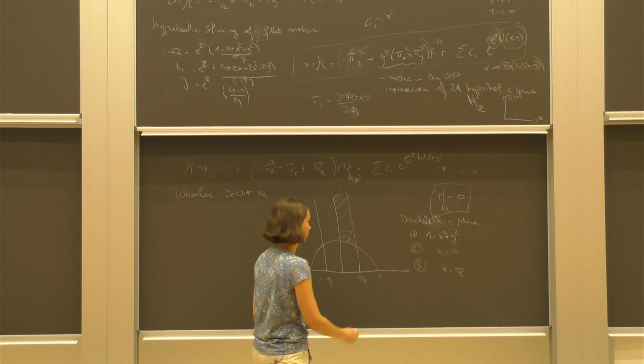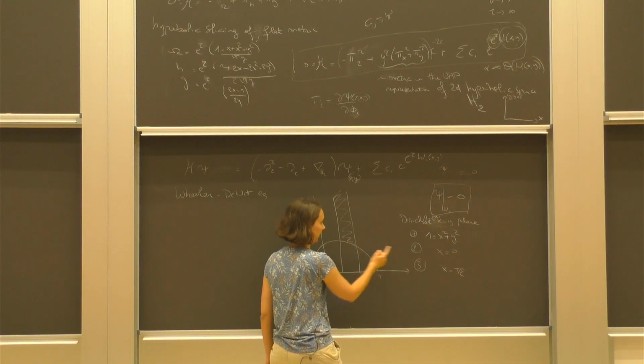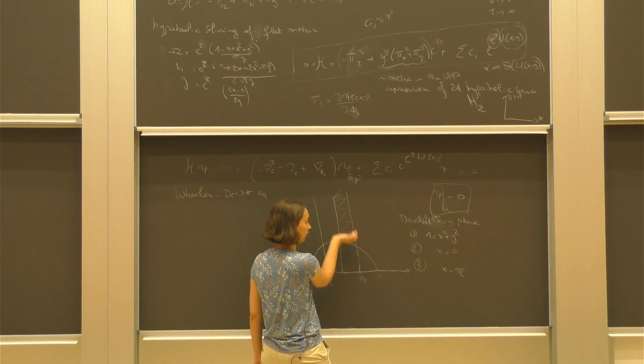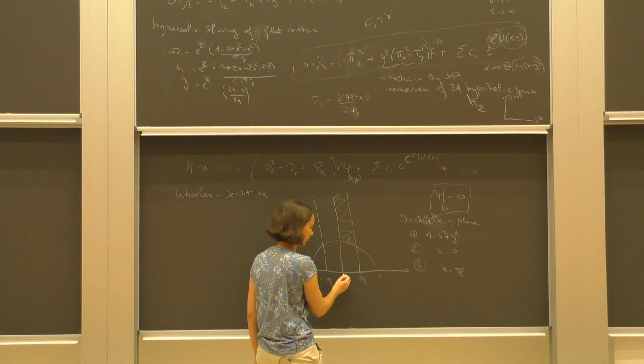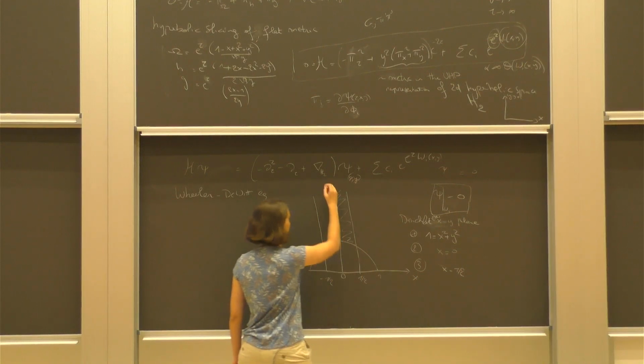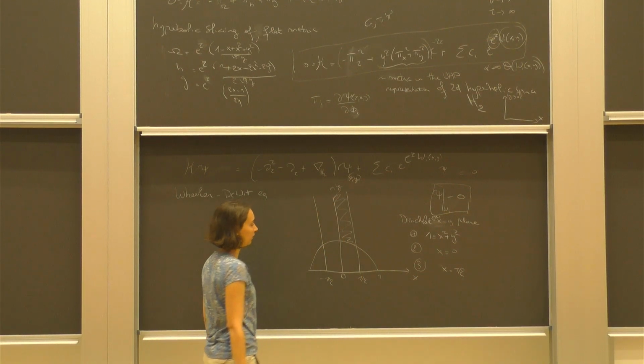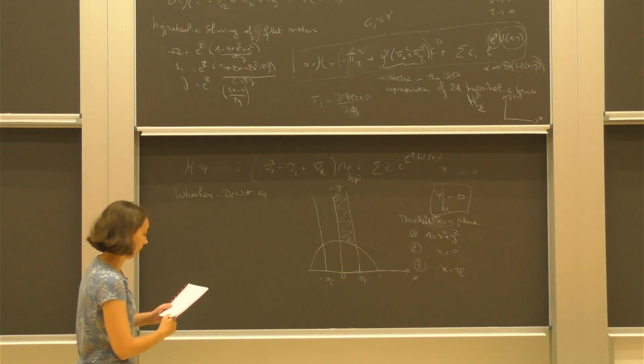So the billiard is defined whenever you're above this line and in between these two lines, where this is x and this is y.